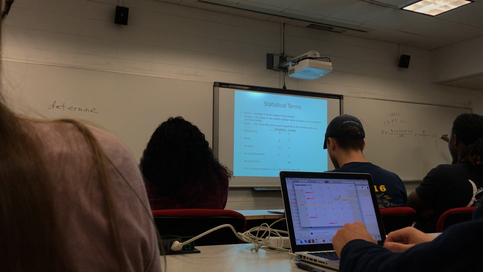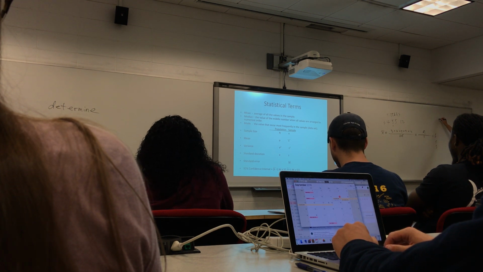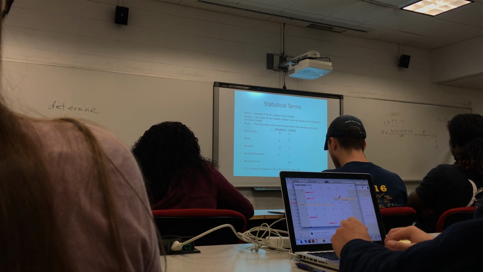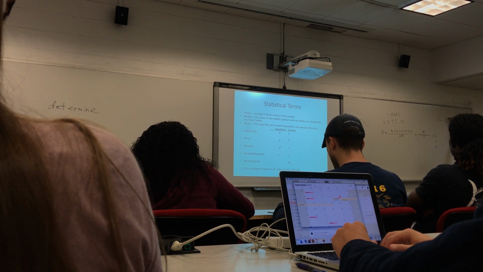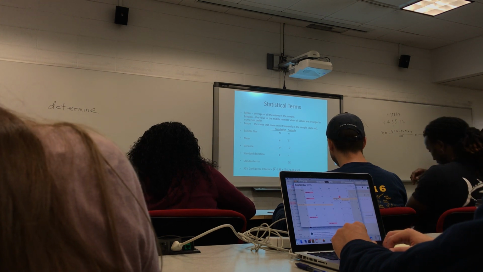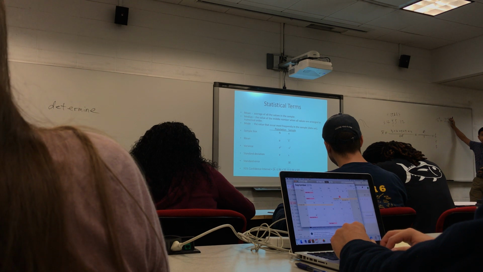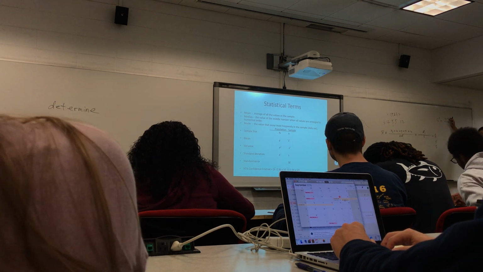So what is the variance we're measuring? S squared we measured as the sum from i equals 1 to n. So this is the first number to the nth number, meaning the last number, okay?